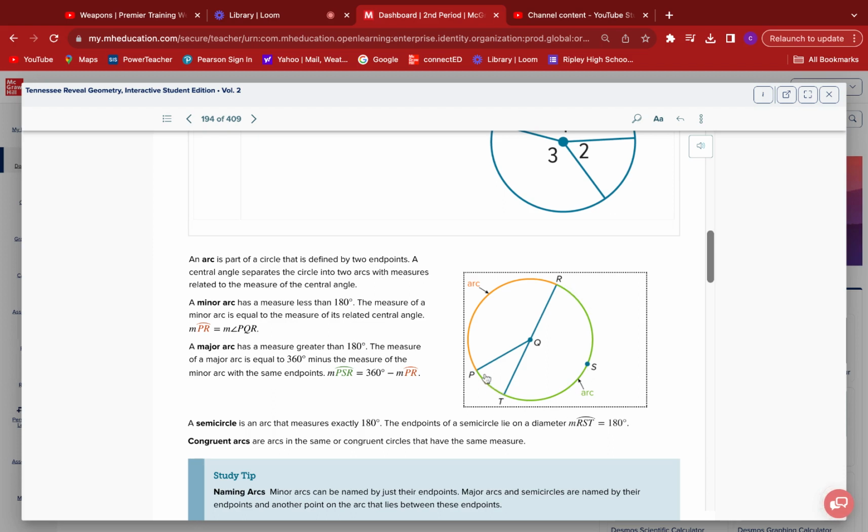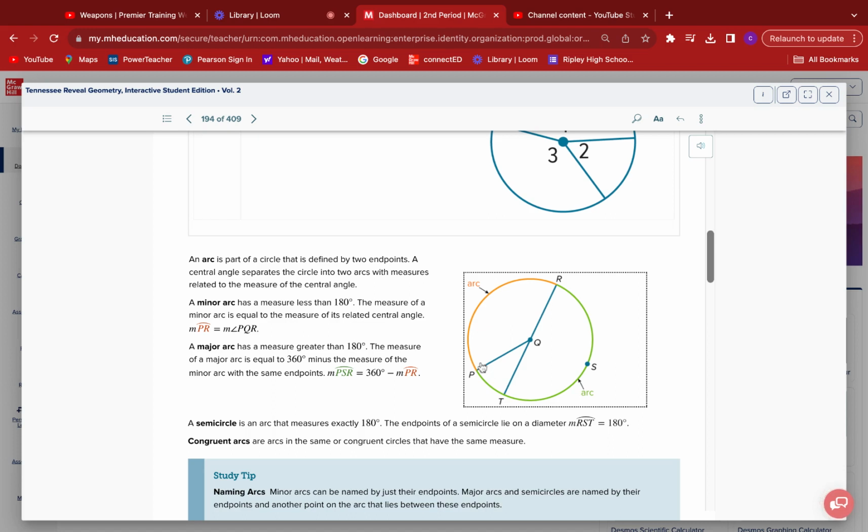Notice I said three different letters this time, because major arcs, which are bigger than 180, are going to have three letters. So this is arc RSP, or you can say RTP or PTR or PSR for that matter. But usually it's going to be three letters to know that it's bigger than 180.